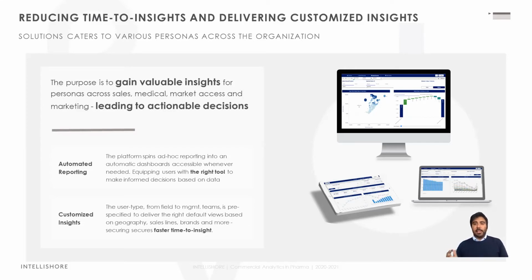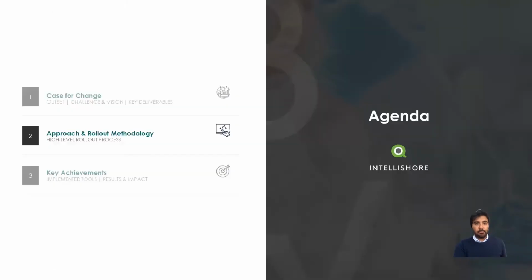And then secondly, irrespective of you being a field representative, a brand manager, a sales director, or part of C-level management, you would have customized insights available at any time. So when you log into the reports, the insights you would be presented would always be tailored to your profile. And Qlik Sense definitely proved its worth in obtaining that vision.